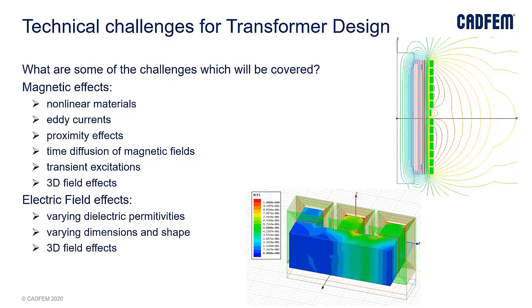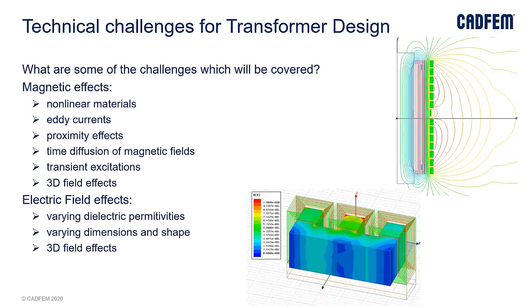If there is a transient excitation instead of a fixed sinusoidal current, or there is a chance of 3D field effects where you want to understand the field effects due to saturation on the cores, all these are the challenges from the magnetics.